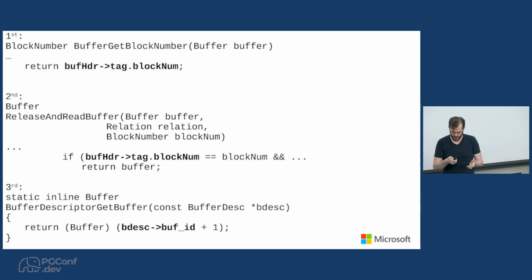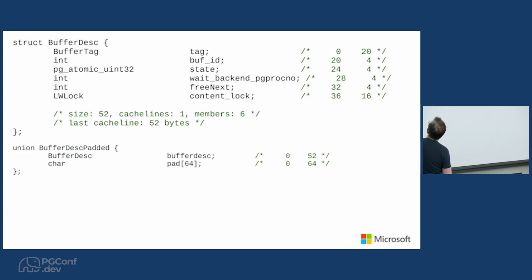And now we can look at the underlying data structure here. This is the output of pahole, which gives you the layout on disk or in memory, the structure layout, including padding and so on, which I find very useful for analyzing this kind of thing.